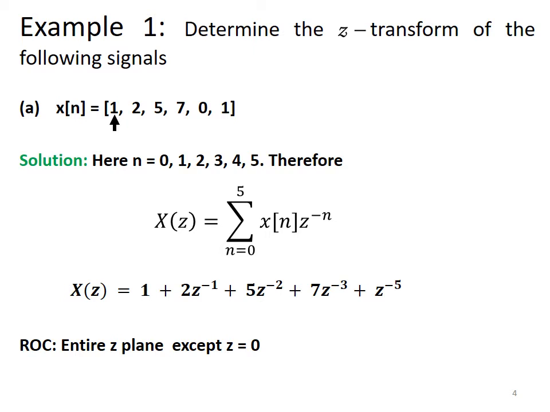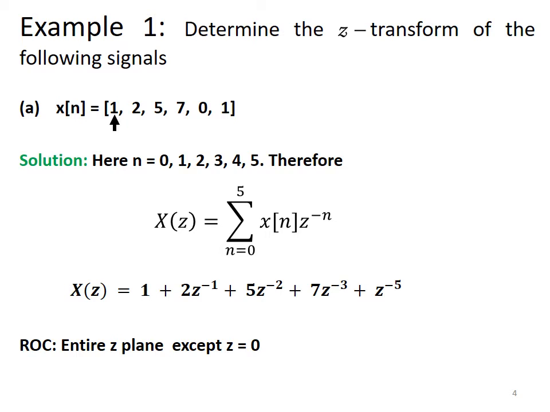So we can say that the region of convergence for this sequence is the entire z plane except z equal to 0. This is a finite series, it has only 6 samples, and the region of convergence for this series is the entire z plane except z equal to 0, and this is basically a causal sequence.